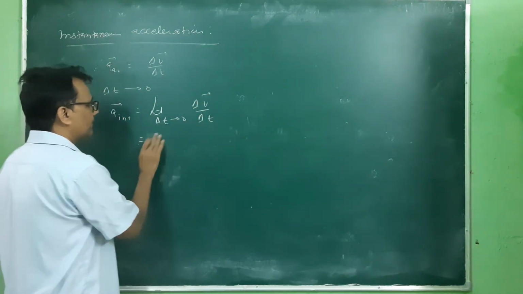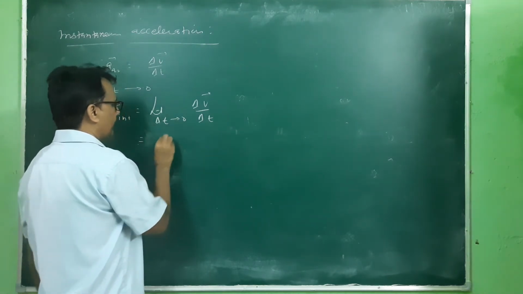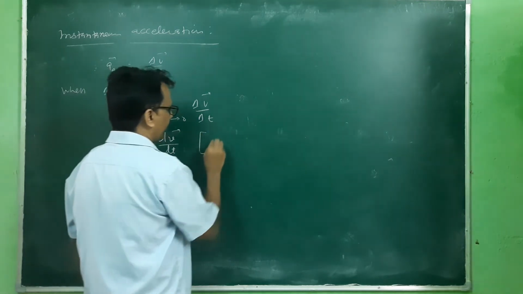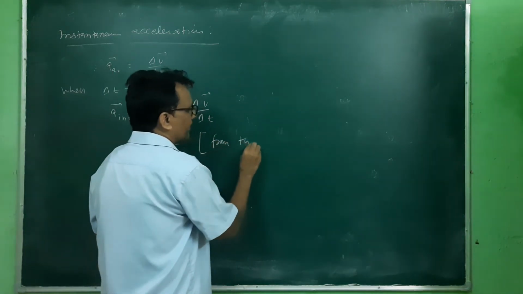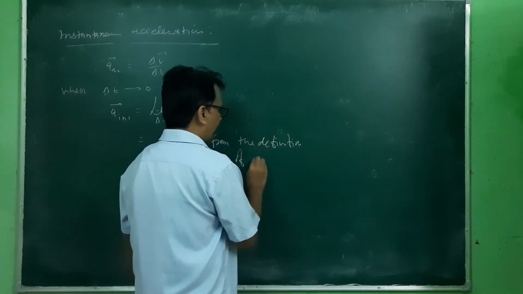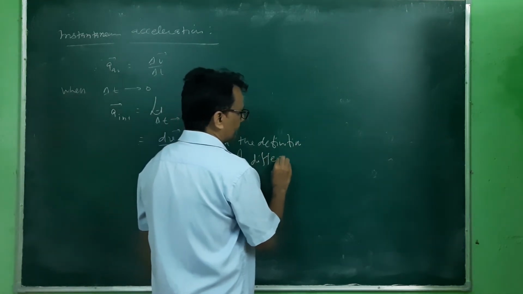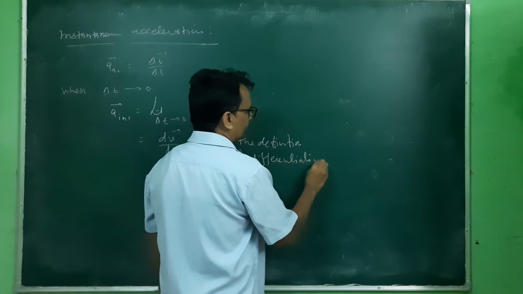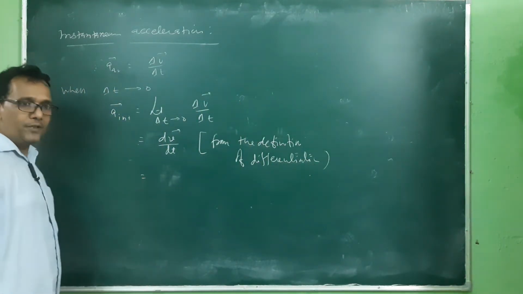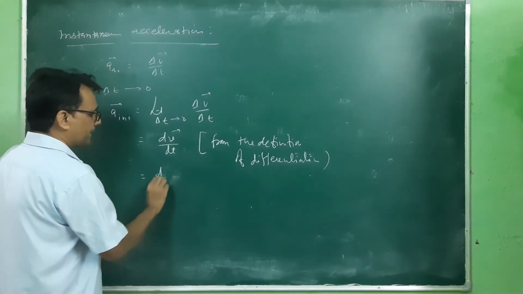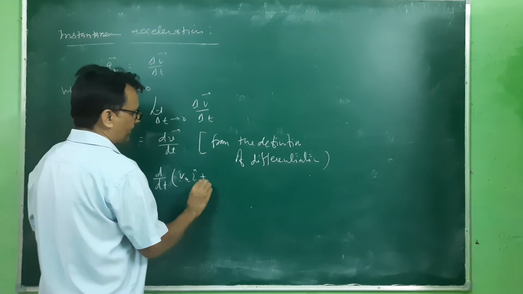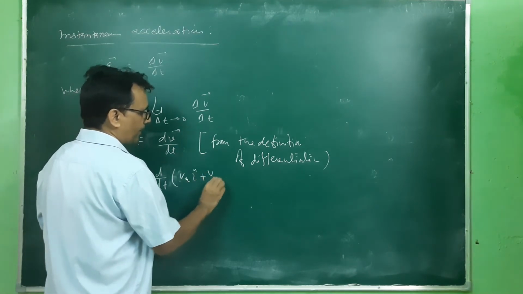And from the definition of differentiation, we will write this delta v by delta t as dv by dt. So now we will check its components. So this is d by dt of vx i plus vy j.